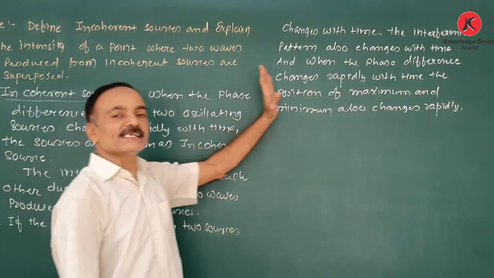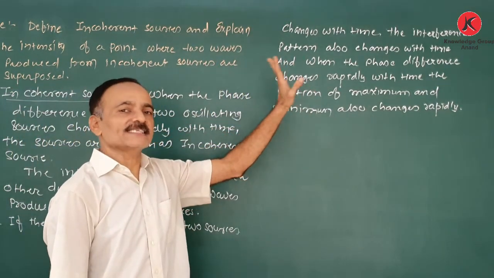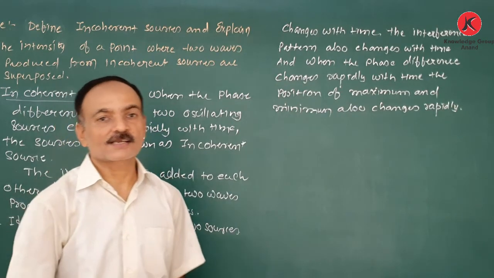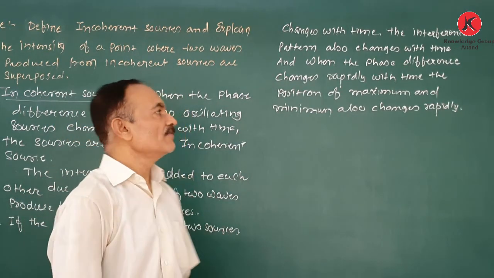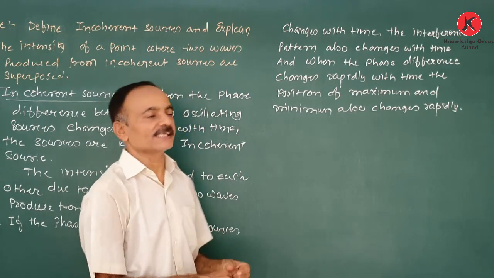So at that time the intensity at all points of this type of interference pattern is not constant, and due to that reason we take the average intensity.